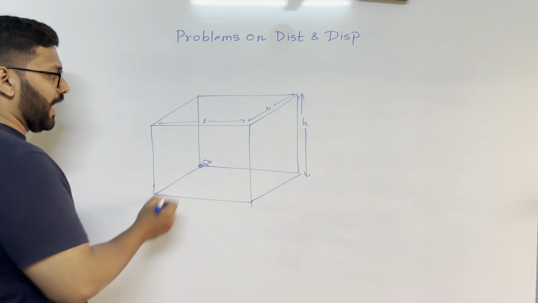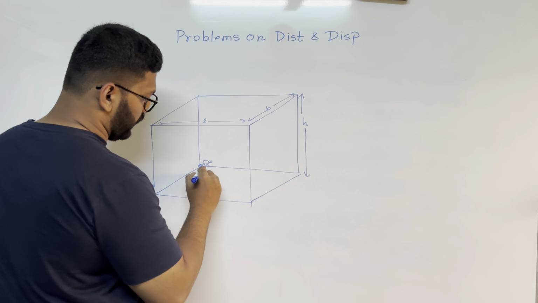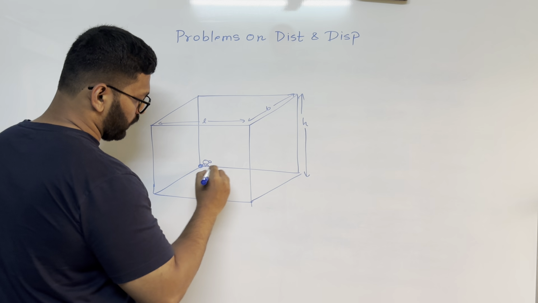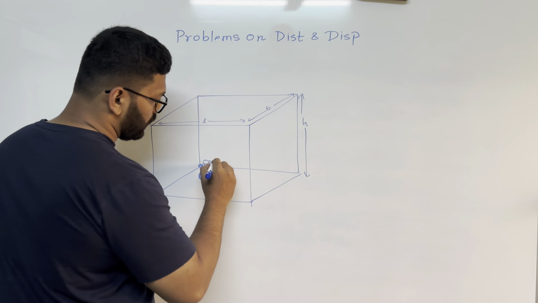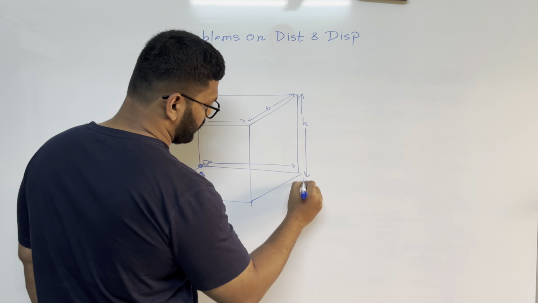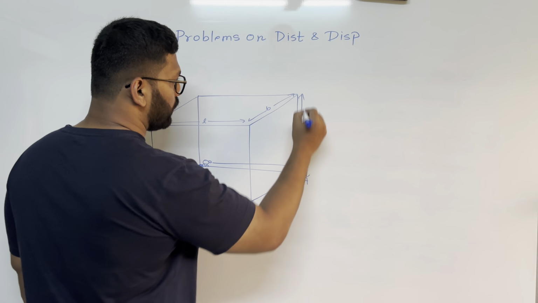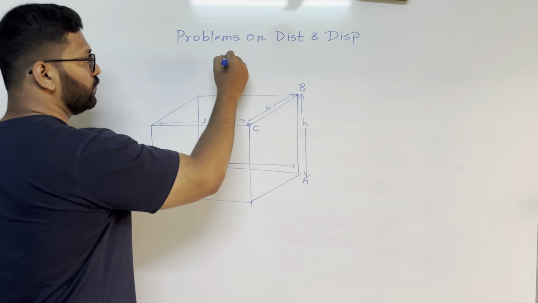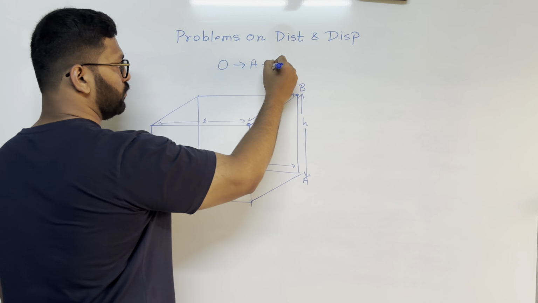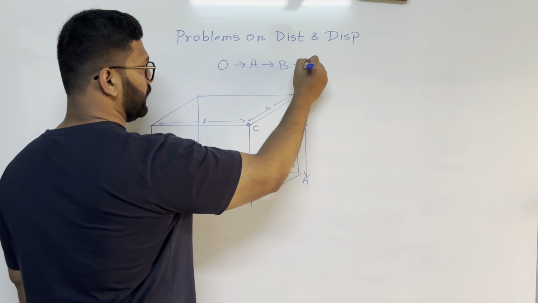We have the length of the room as L, the height as H, and the breadth as B. Now this ant goes from this point, let's call it point O, the starting point, to point A, then from point A to point B, and then from point B to point C. So O to A to B, and B to C. It has gone like that.